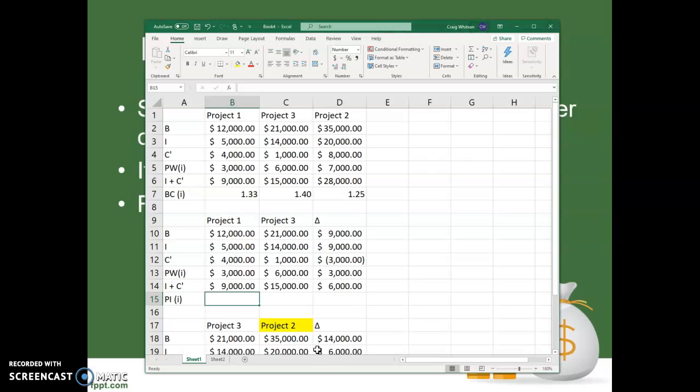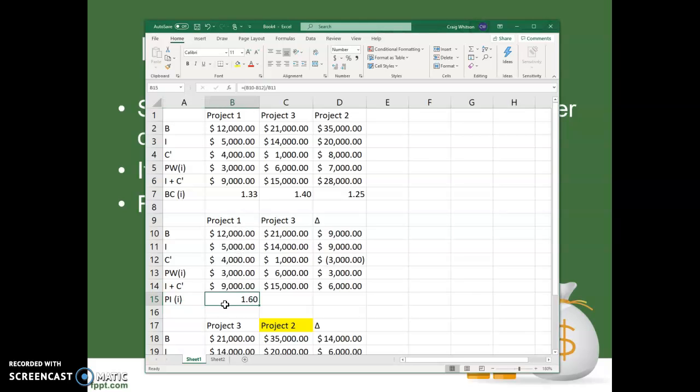The profitability index is equal to the benefit minus the annual operating expense, and those two terms are on the top of the ratio, and then we divide that by the investment amount.